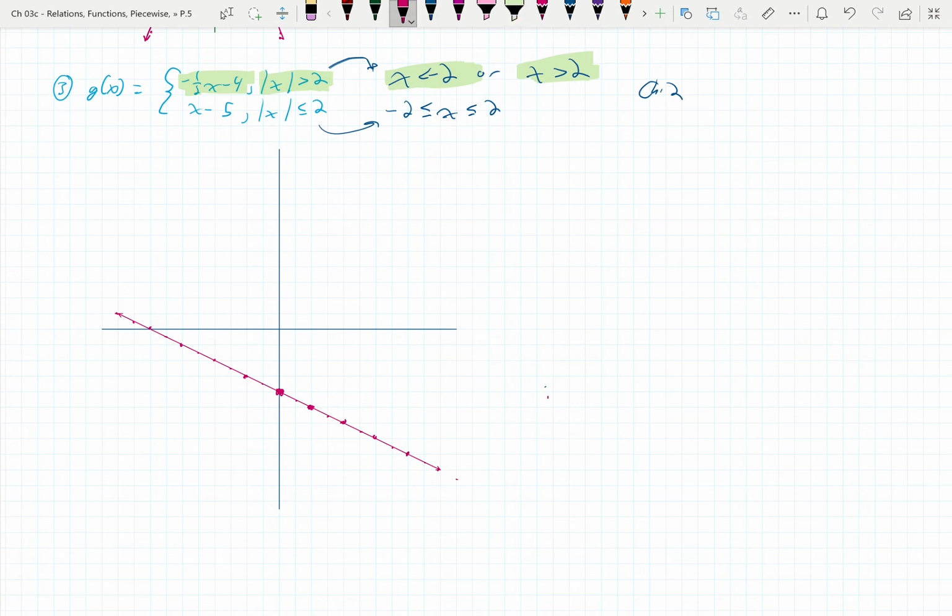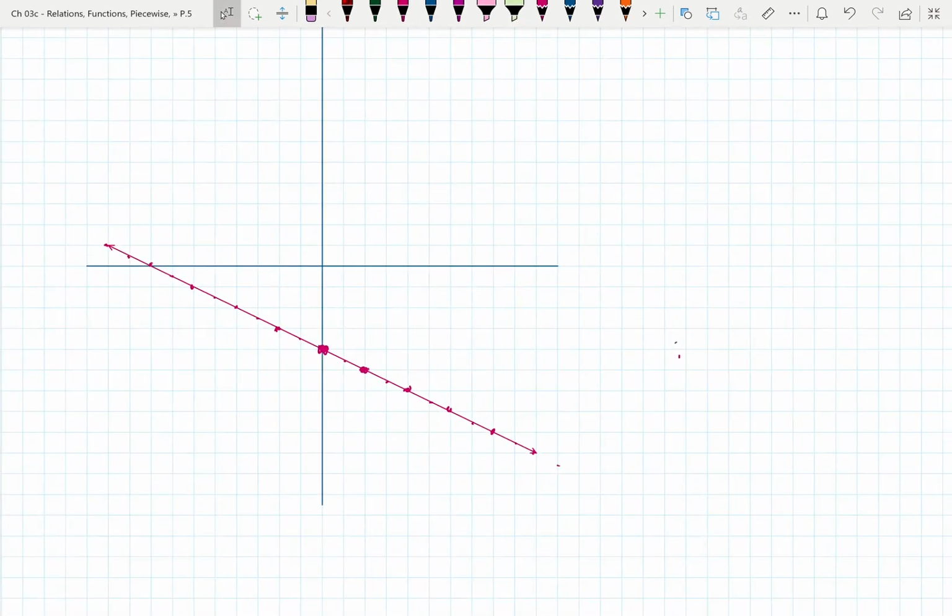So if I go to the part that is less than negative 2, well, at x equals negative 2, that's right here, and I'm going to put an open circle right there. I'm actually going to exaggerate that because I'm going to erase within the middle, and I'm going to put an open circle here.